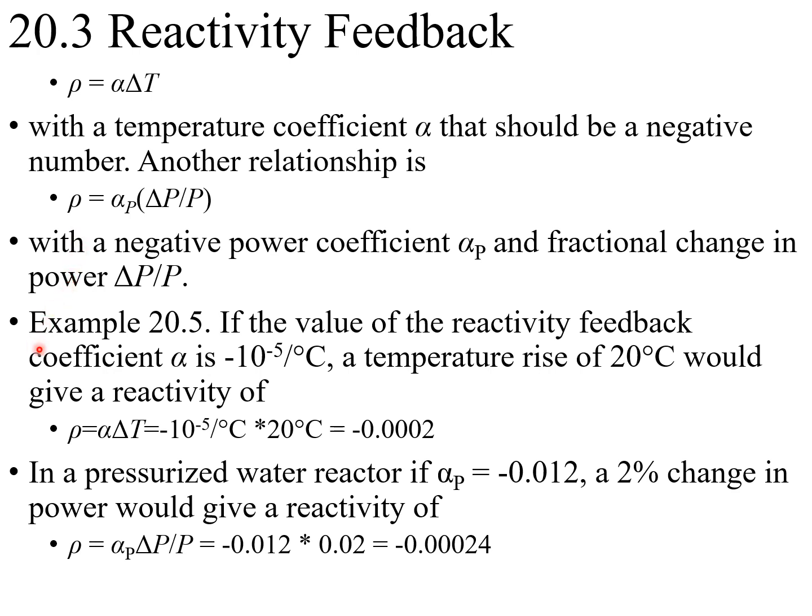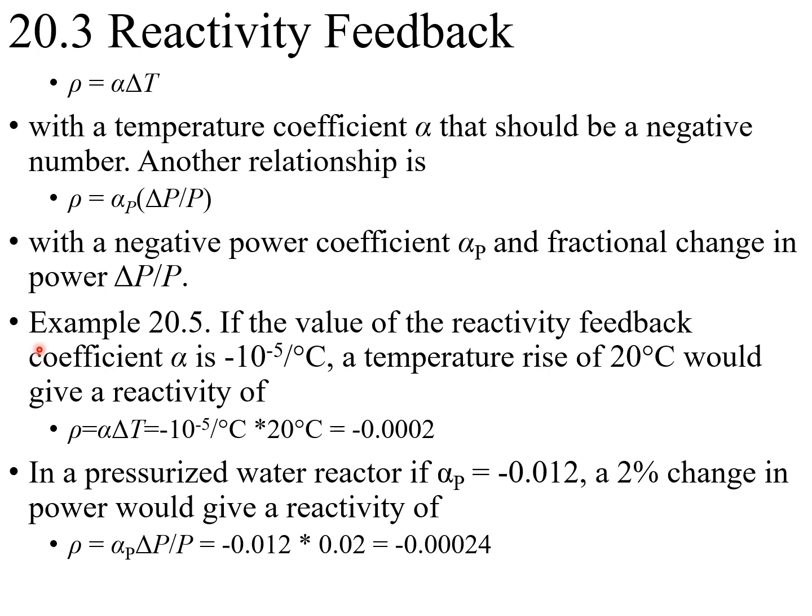Let's use an example to show how to use this alpha. We have a value of this reactivity feedback coefficient, alpha, equal to negative 10 to the negative 5 per Celsius, and we have a temperature rise of 20 Celsius.